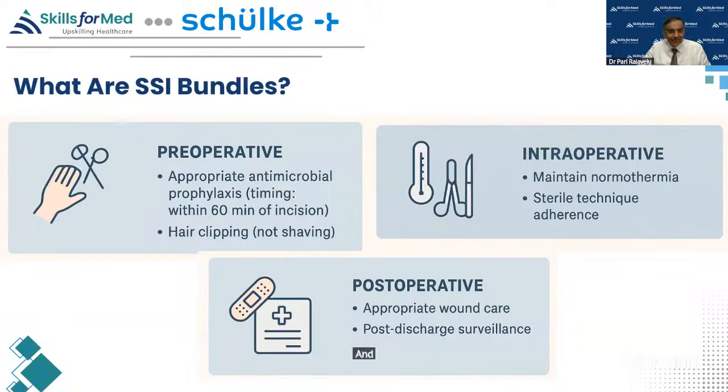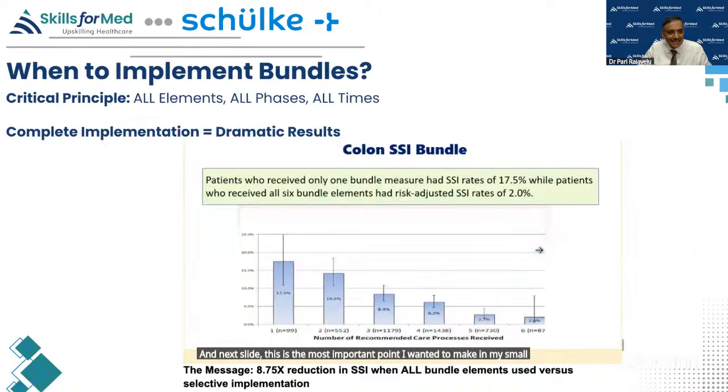This is the most important point I wanted to make in my small introduction. This study of the colon SSI bundle, which came almost 6-7 years ago, very clearly showed that if you implement just one bundle component, you may reduce SSI by only a small percentage. But if you use all the components, you can see the reduction of SSI from 17.5% all the way to 2%.